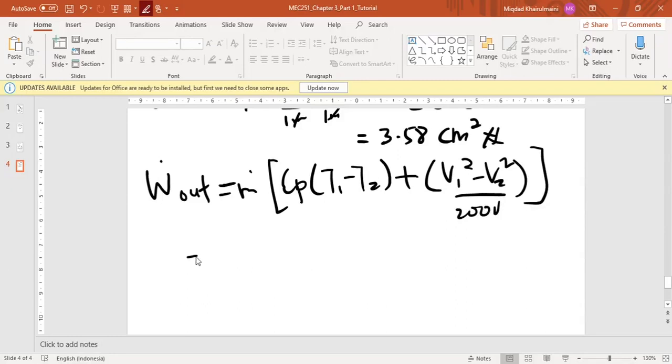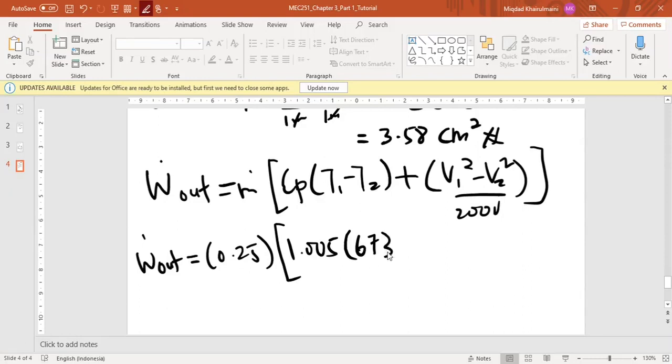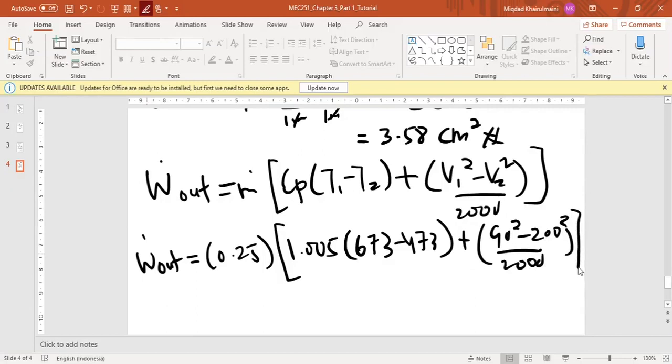We substitute the values: 0.25, 1.005, 673, 473, 90 square, 200 square, 2000. On the calculator, we will get 46.26 kilowatts. So that is the answer for the second part of the question.